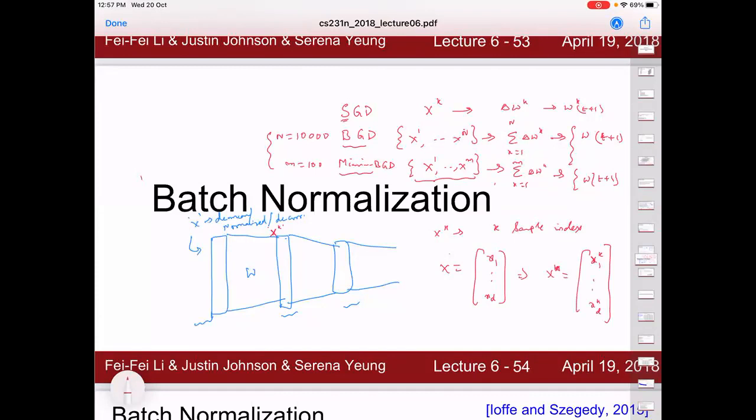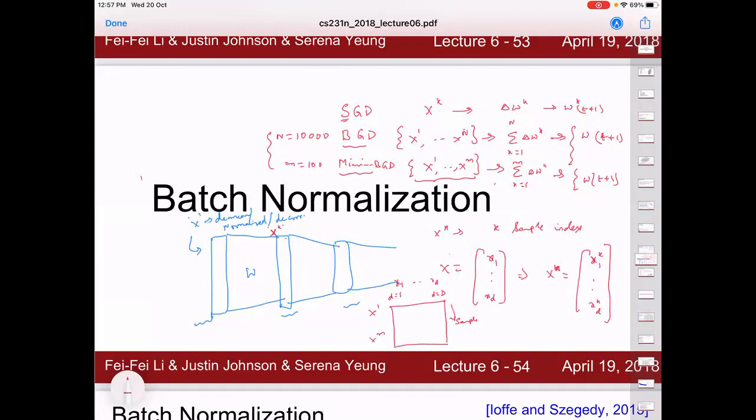So we now have two axes, two dimensions for the data. One is the dimension index, d equal to 1 to d, x1 to xd, and the other is the samples, 1 to n samples.